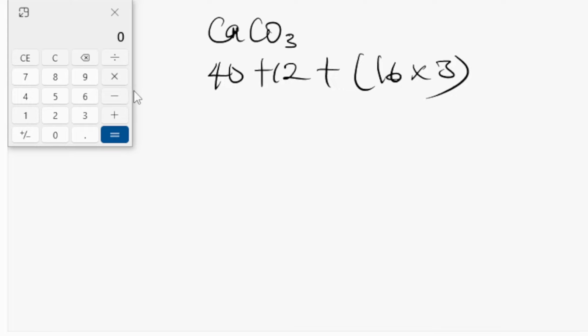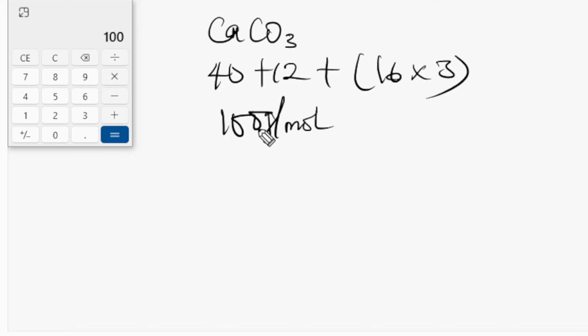So we're going to add up 40 plus 12 plus 16 times 3 is 48. So 52 plus 48, that will give us 100. So calcium trioxocarbonate 4 is 100 grams per mole. That's the molar mass of calcium trioxocarbonate 4.